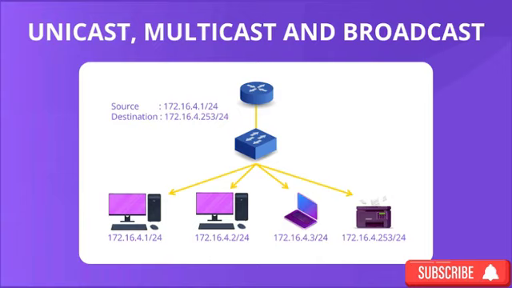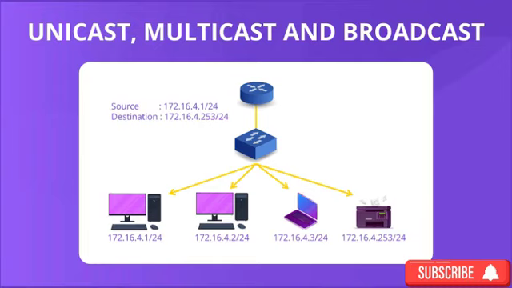When you look at the picture on the screen, it consists of three hosts, a printer, and a router connected to a switch. The animation is going to show the host with the IP address 172.16.4.1 sending a unicast packet to the IP address 172.16.4.253.